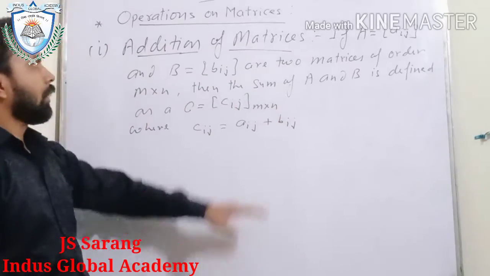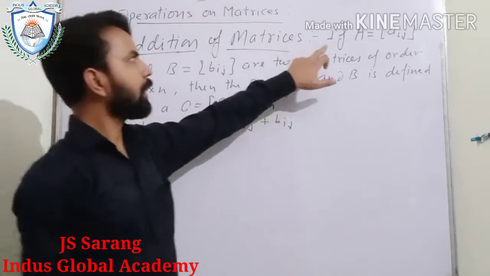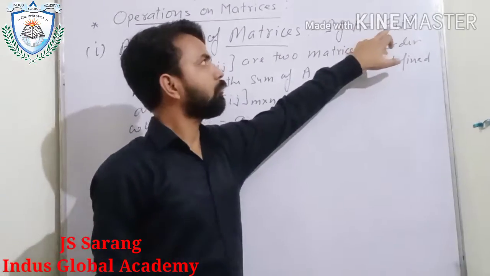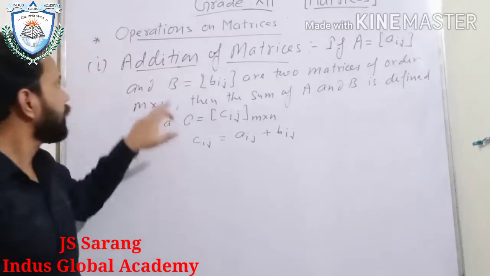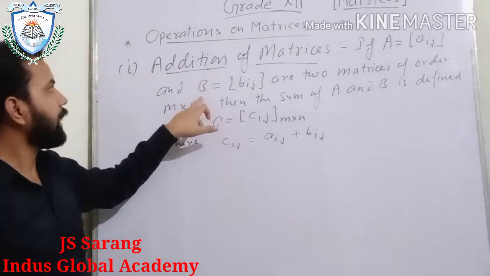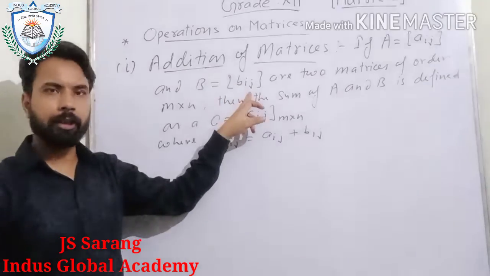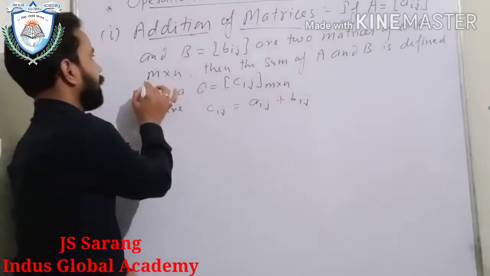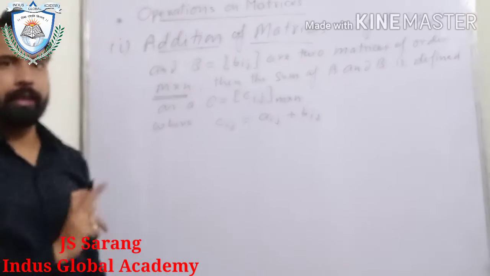Understood? What I am saying here, if there are two matrices, one is matrix A, its elements are in the form of Aij, and the second matrix is B and its elements are in the form of Bij, two matrices of order m by n. Please note this point.